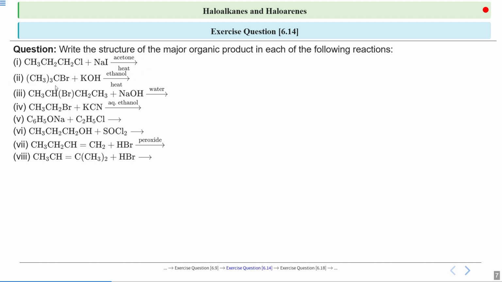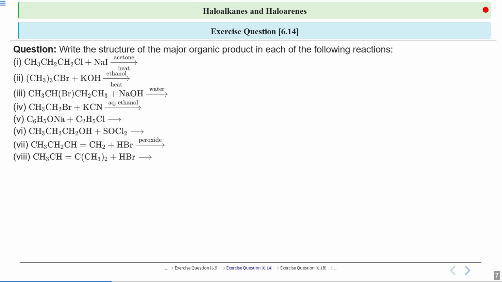Second, (CH3)3CBr plus KOH in the presence of ethanol and heat. Then you have to tell the major product. Third is CH3CHBrCH2CH3 plus sodium hydroxide in the presence of water. Then you have to tell the major product. Fourth is CH3CH2Br plus KCN in the presence of aqueous ethanol. And then you have to tell the major product.